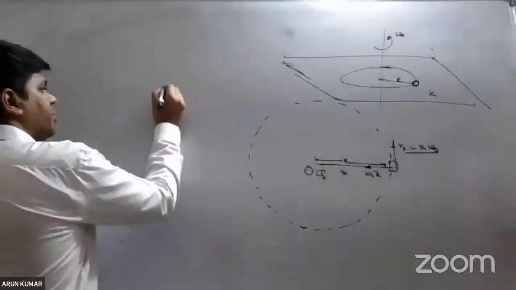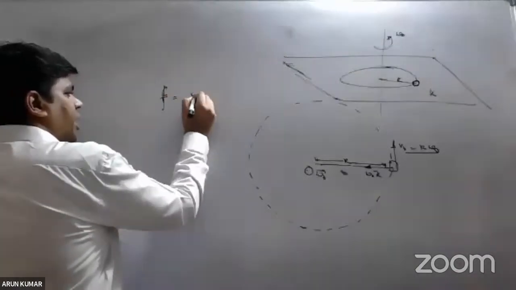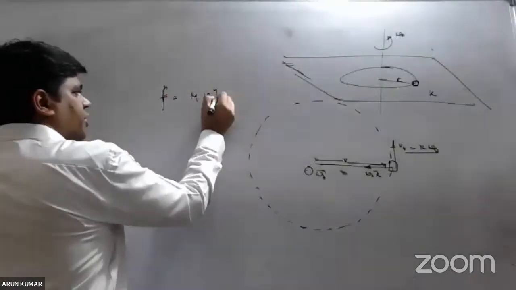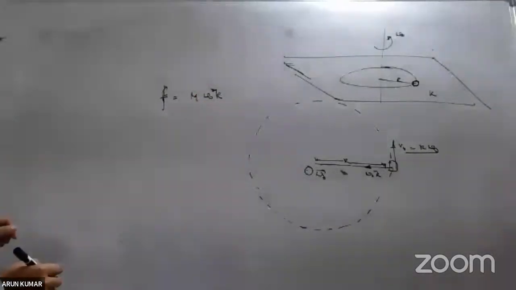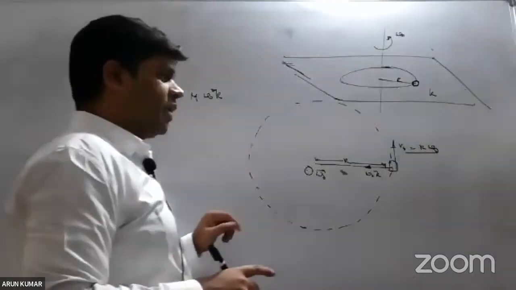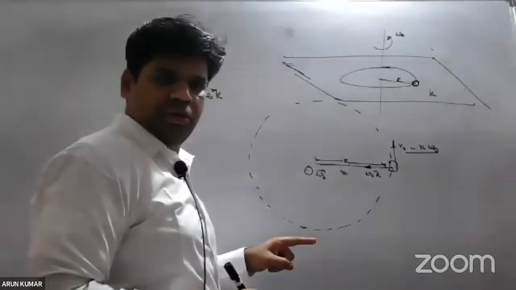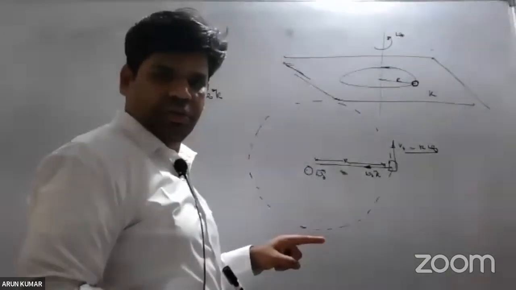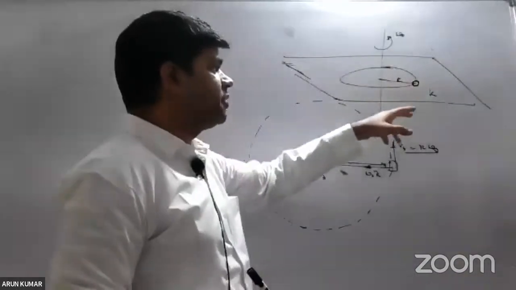Now my friction is Fs, and F is equal to m omega square r. And what kind of friction is it? Is it kinetic friction or static friction? It is static friction because there is no relative motion between the block and the surface.